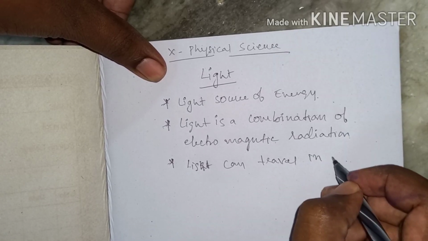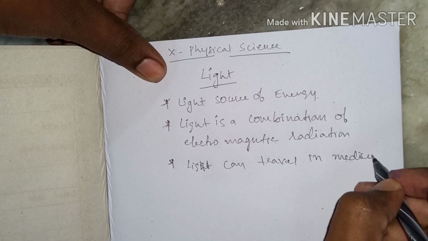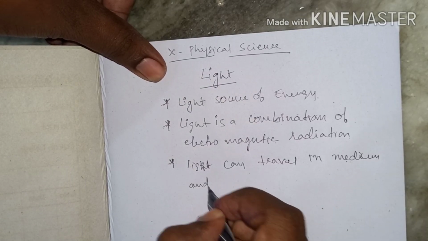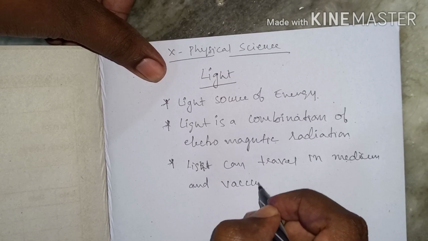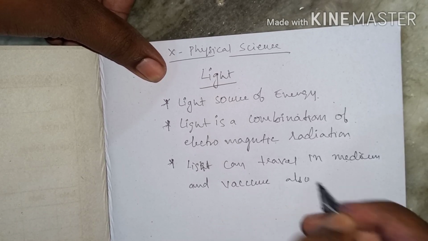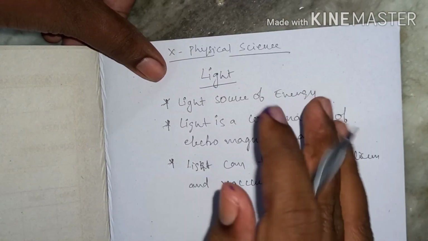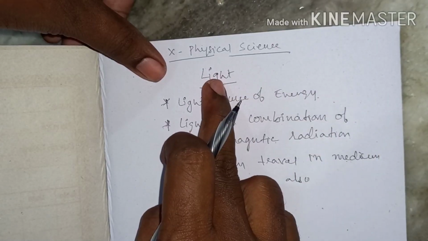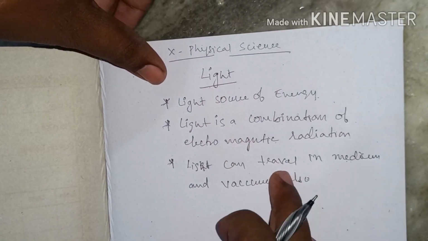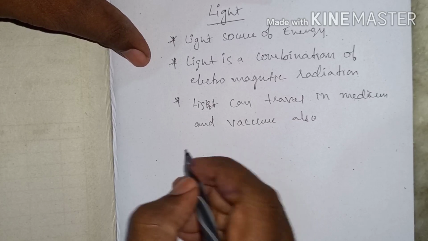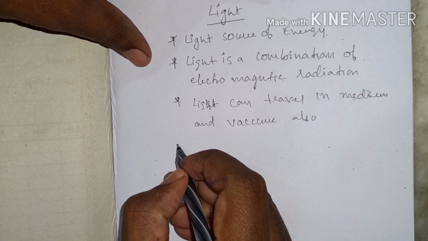Some of the energy resources cannot travel in a medium and vacuum, but light can travel in a medium and vacuum. And light has some mechanisms, so we will study them.